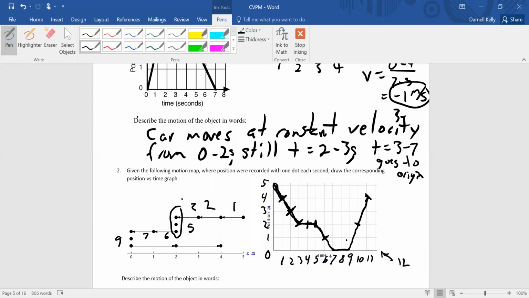I thought there was a question. So do like number 3, 4, 5, or just do the slopes of each one? Do the slopes. Slopes of each line.